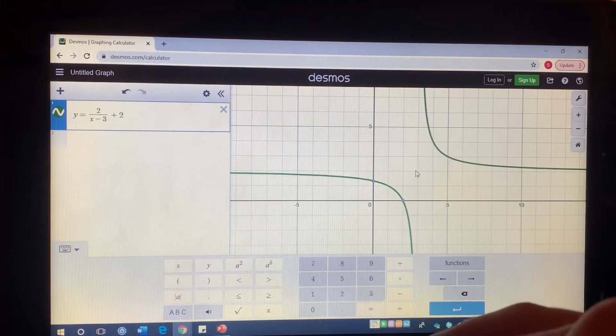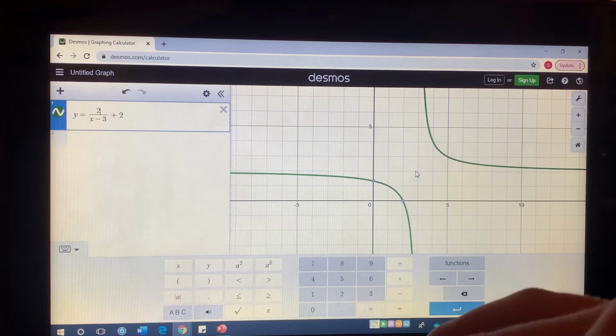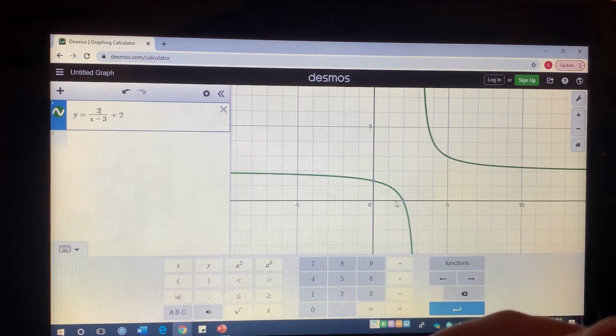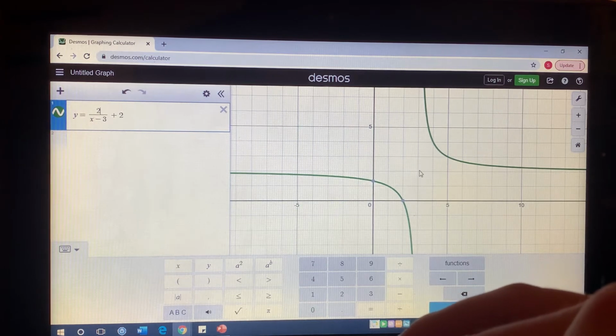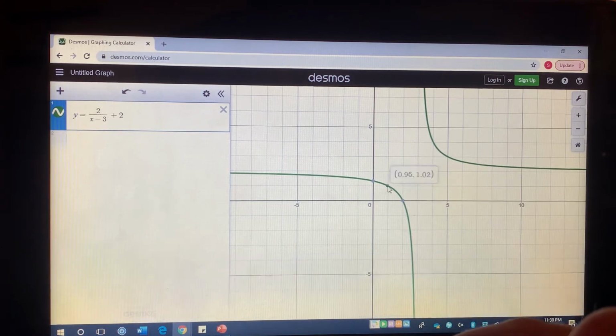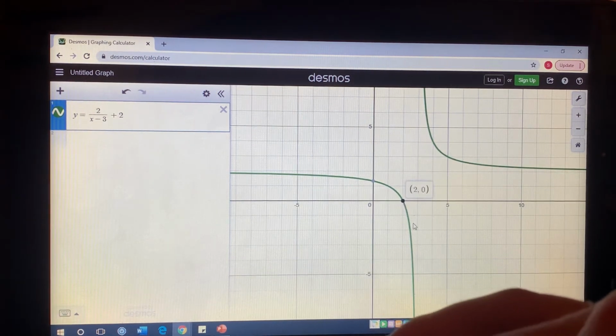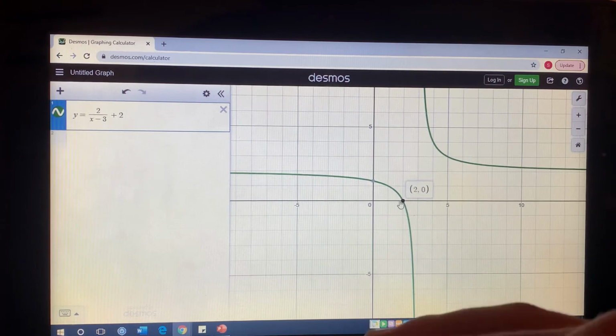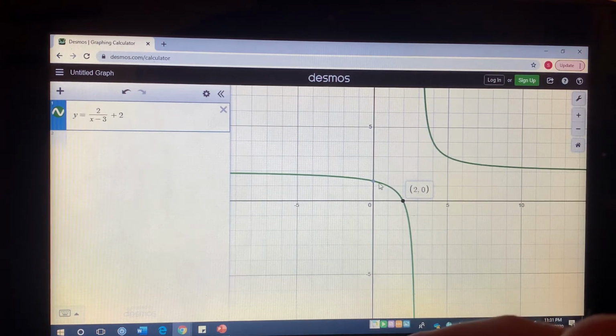We see it's 2, so if we go 1 to the left, we can go 2 down and plot a point. But we also know that if we go 1 down, we can plot a point here. Then we just use this one and this one. Then we draw a line down from the asymptote to here, hit there, and then keep drawing it to there.